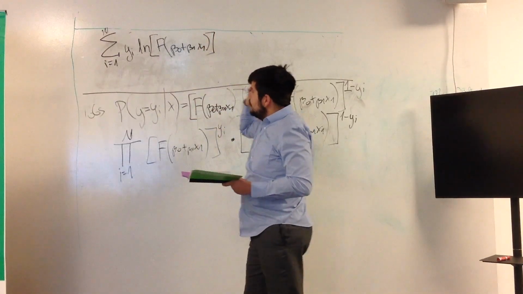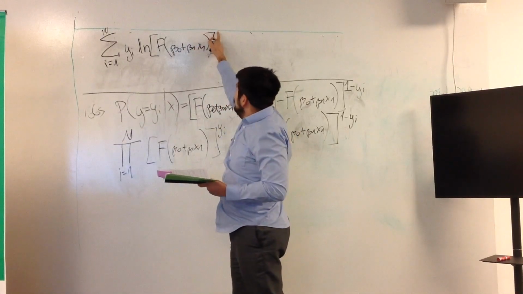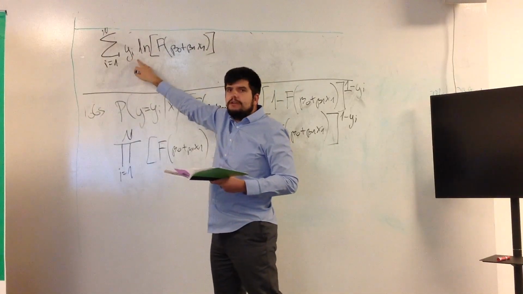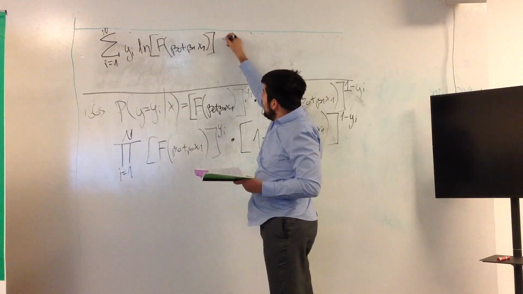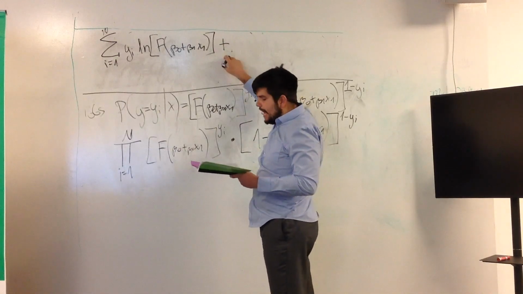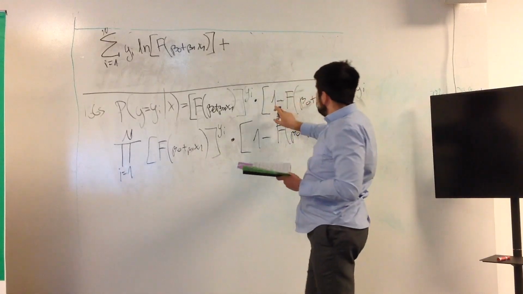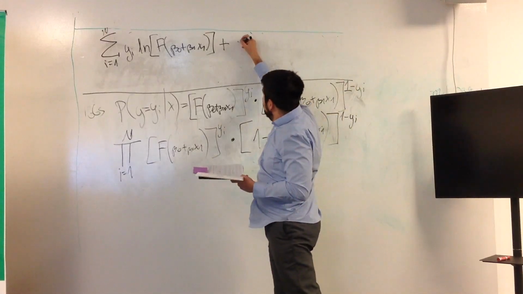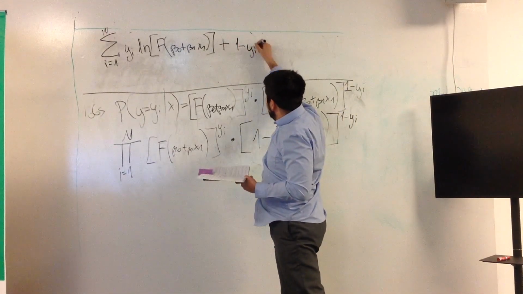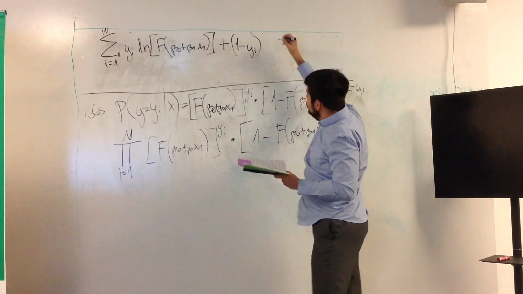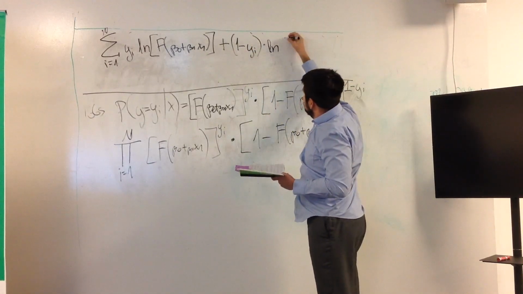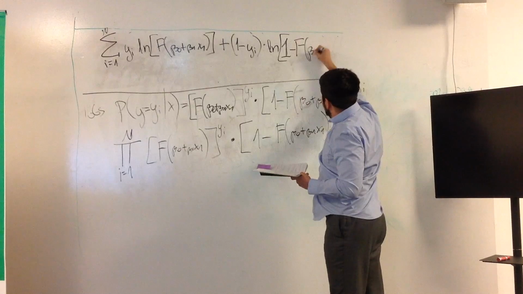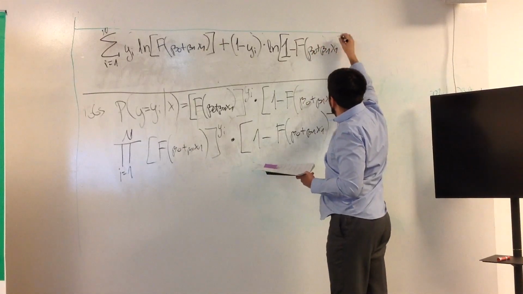In my log transformation, I have to take my power in front of the log function. And now I'm going to add, because it's a sum, this: plus 1 minus yi times the natural logarithm of 1 minus the function of beta 0 plus beta 1 x1.